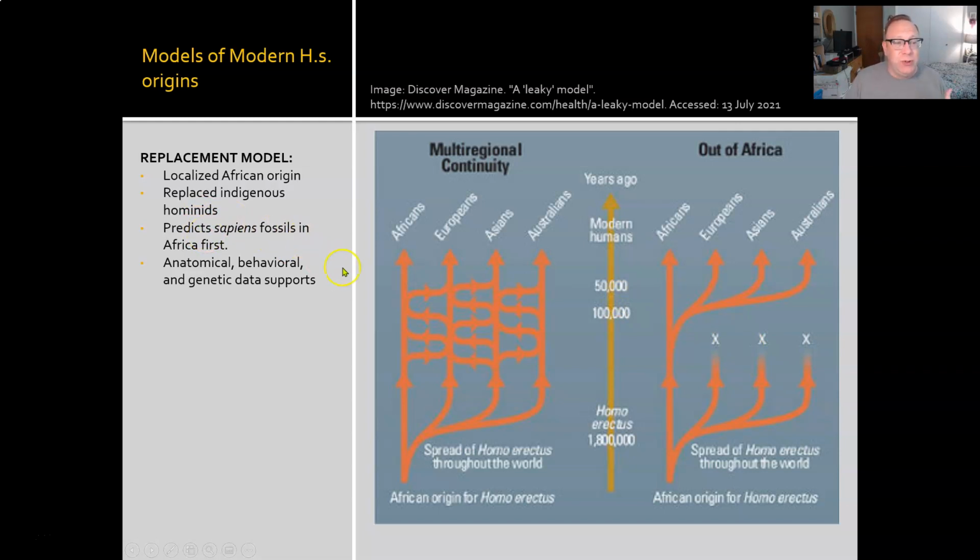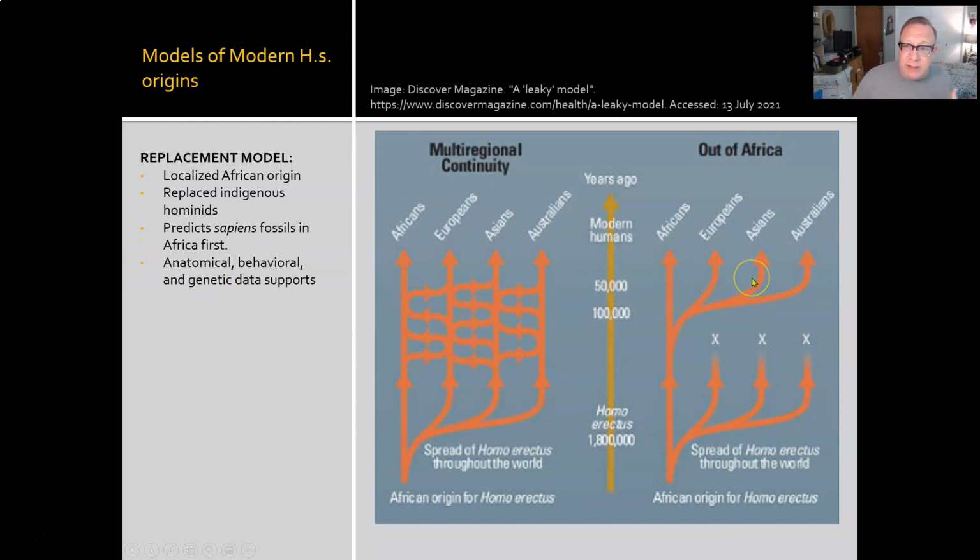It predicts that you should find the first Homo sapiens fossils, the oldest ones, in Africa, and more recent ones outside of Africa. You should also see the disappearance of other hominins as the Homo sapiens fossils start to show up.